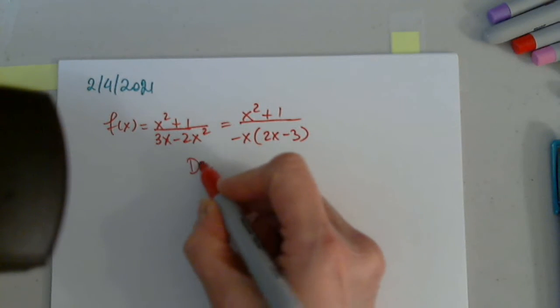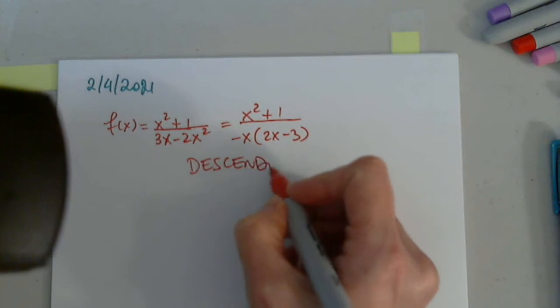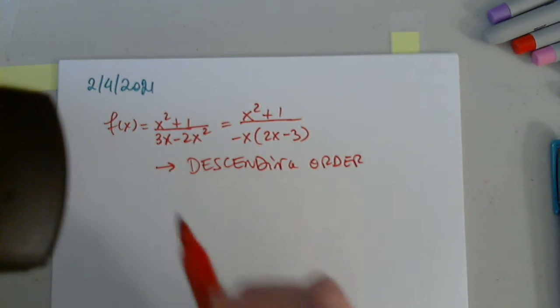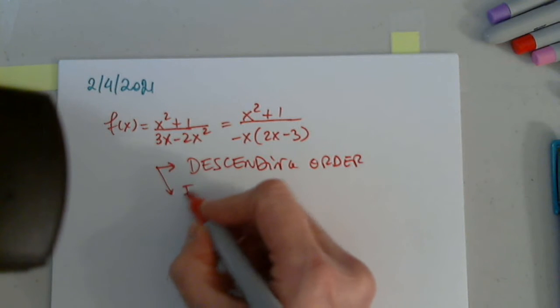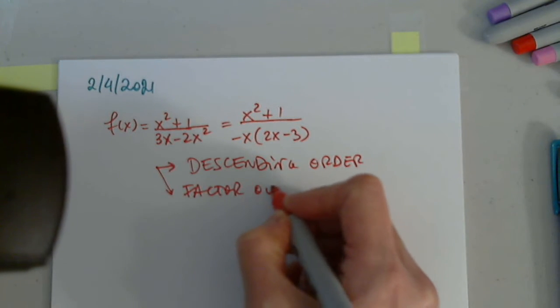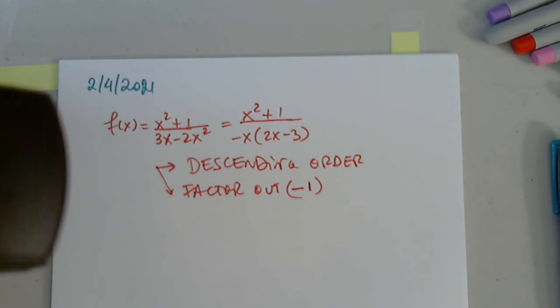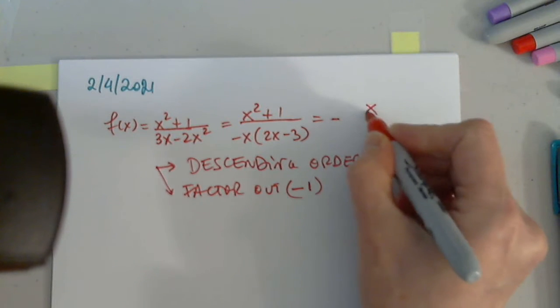Always descending order. This should be a habit. And always factor out the -1 if the leading coefficient is negative. Okay, thank you. We always recommend that.